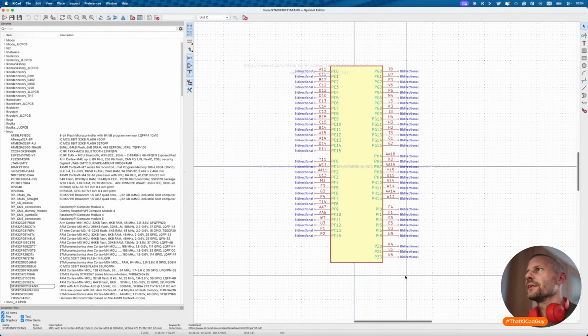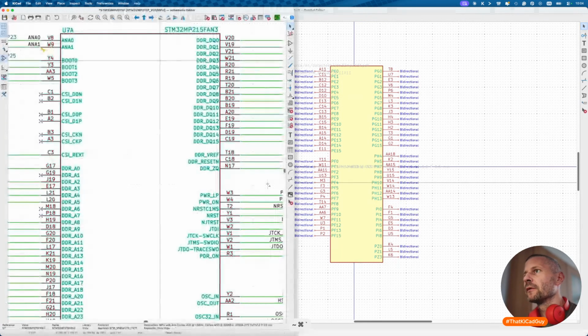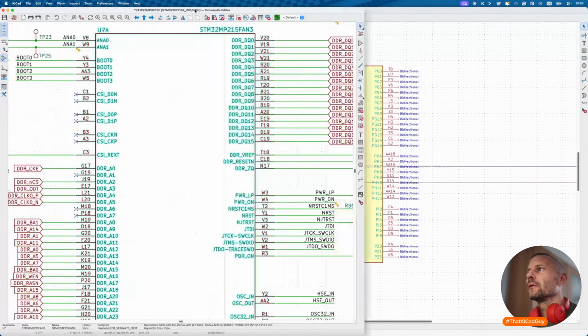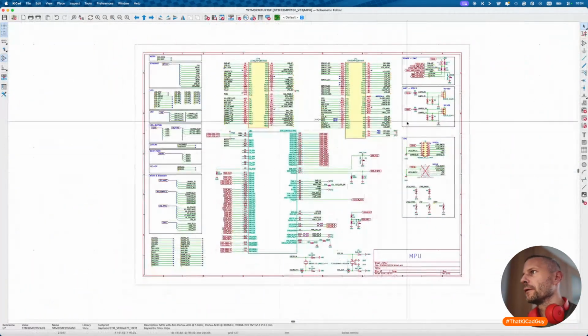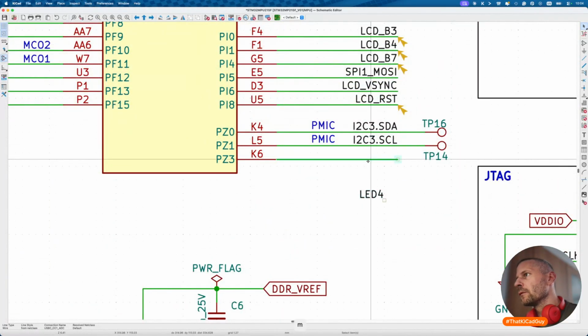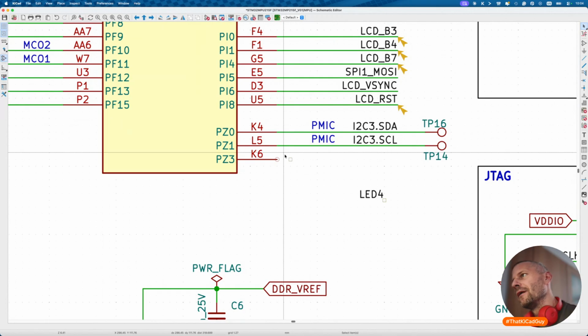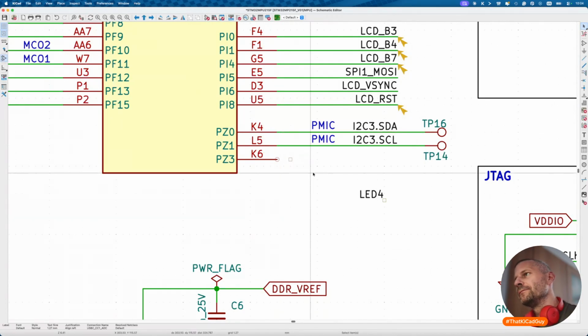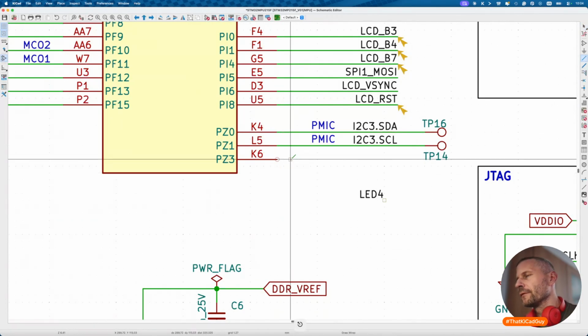It's unit C. It's power. No, it's port. The ports. Here. Yeah, here. I don't know how to solve it.